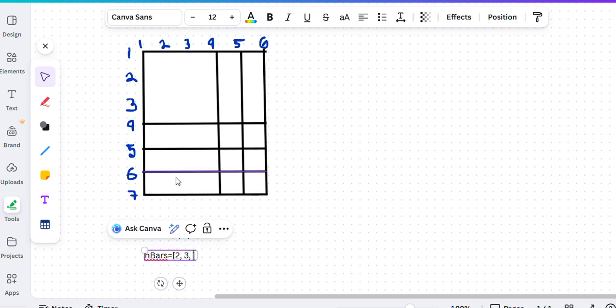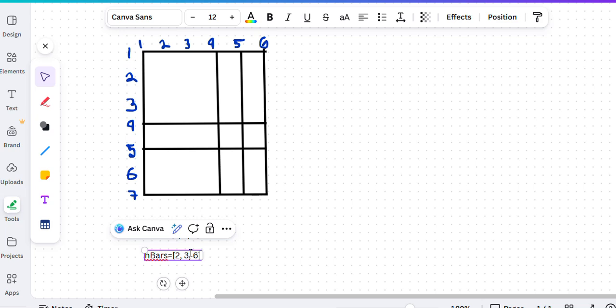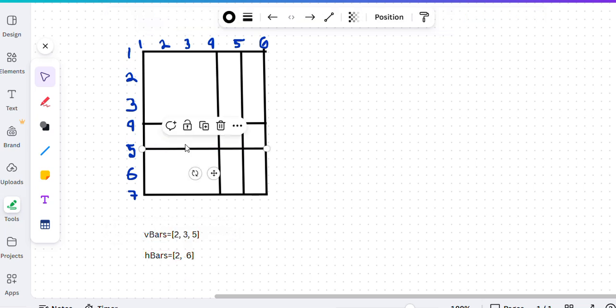If we have another example for 6, well, if we remove the horizontal line 6, is there an effect? No, because it is a rectangular shape, but we need the square shape. But if the vertical bars don't have 3, so we can't remove 3, right?